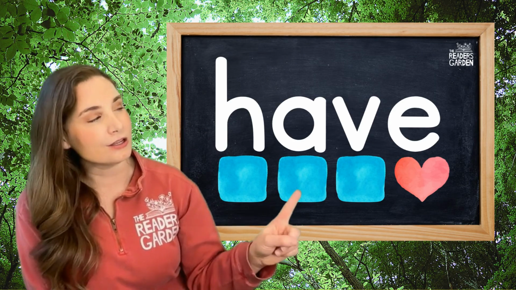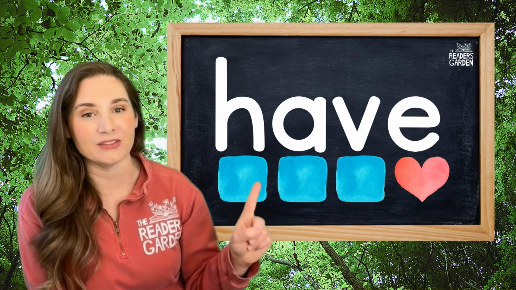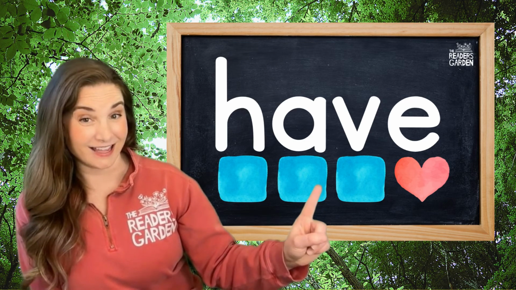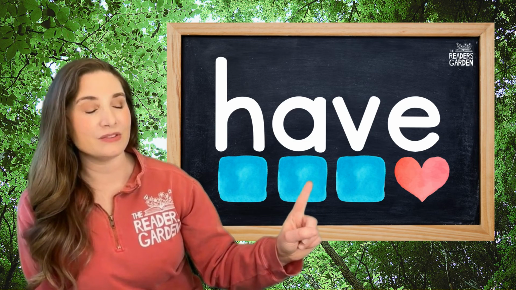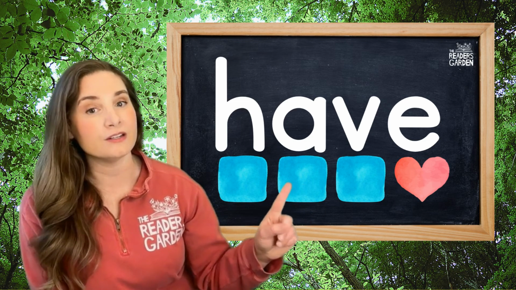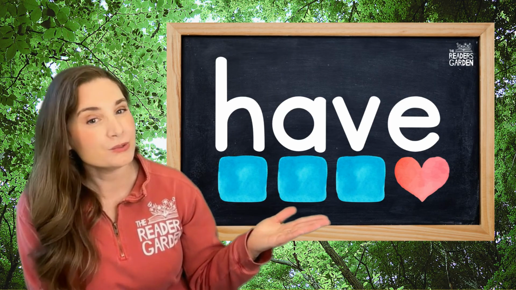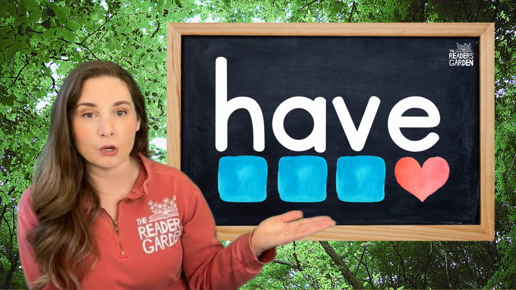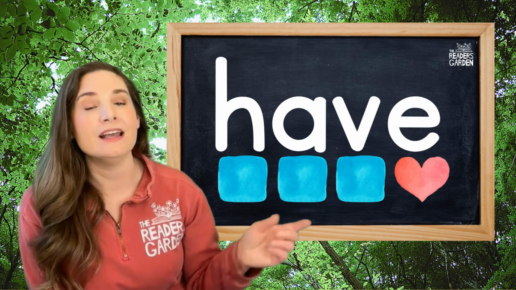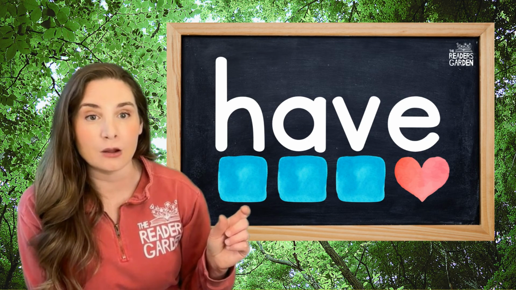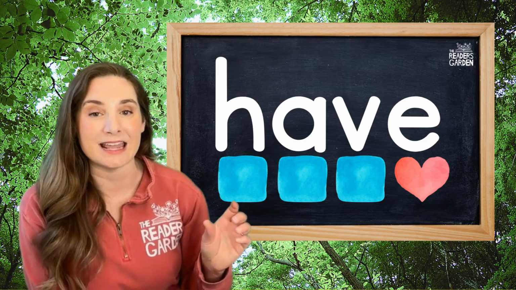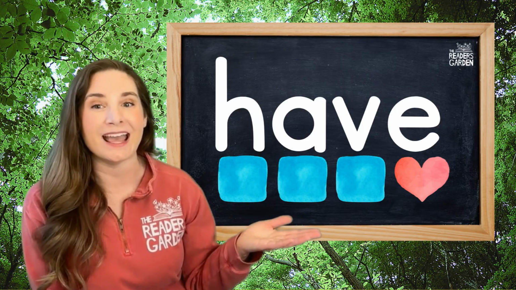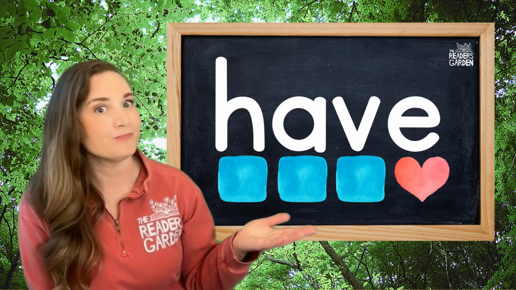Now let's look at what is irregular about this word. Well, we have an E at the end of this word. And the rule about E's at the end of a word is the silent E rule, which we may not have learned yet. But when we see a silent E at the end of a word, we typically expect that the first vowel that we see in that word is going to be saying its name, a long A. So we would actually expect this word to sound like hayv, but it doesn't.